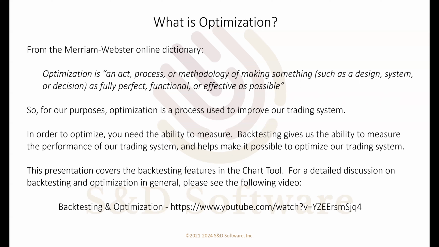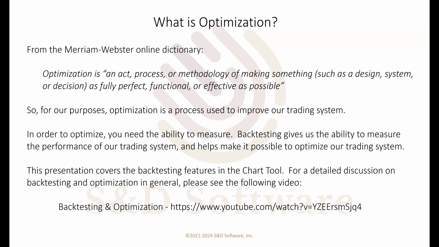However, in order to optimize, you have to have some way to measure the current performance of whatever it is you're trying to optimize. If you have no way to measure the performance, you have no way to tell if what you're doing for your optimization is making the system better or not.